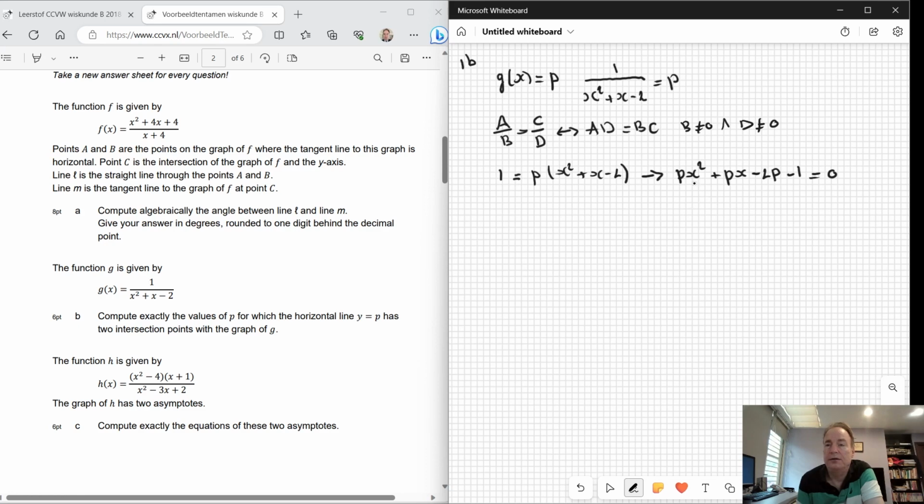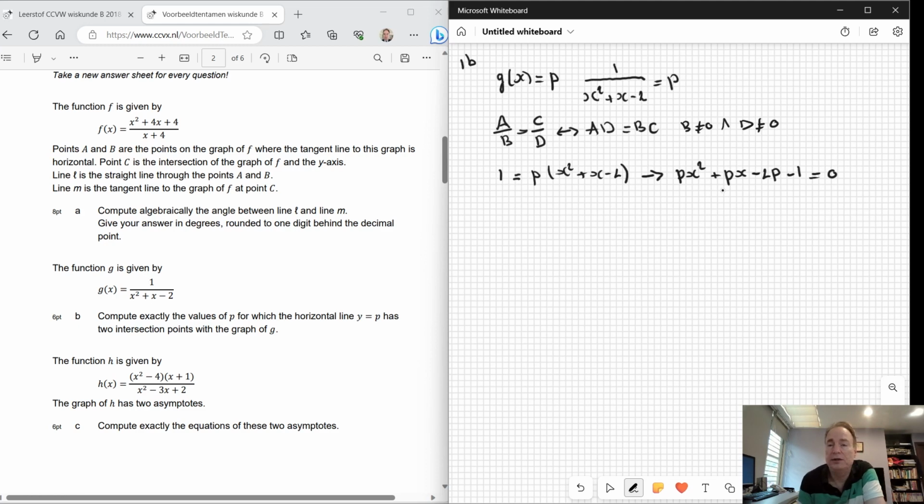So this equation determines your x, for where there is an intersection with this horizontal line. Now they say this equation needs to have 2 intersection points. So here you need to apply your knowledge about these kind of quadratic equations and how many solutions they have. And this is also in the syllabus.